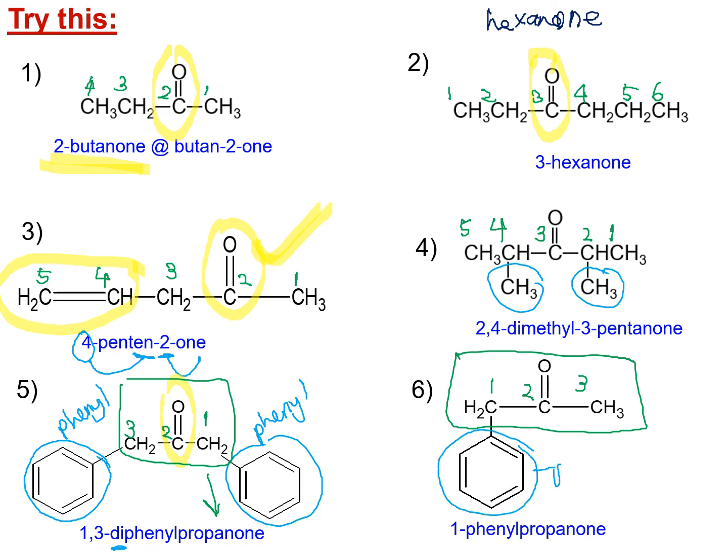Benzene bila jadi substituent, nama dia adalah phenyl. So dia punya nama of this organic compound according to the IUPAC nomenclature will be 1-phenylpropanone. Okay.